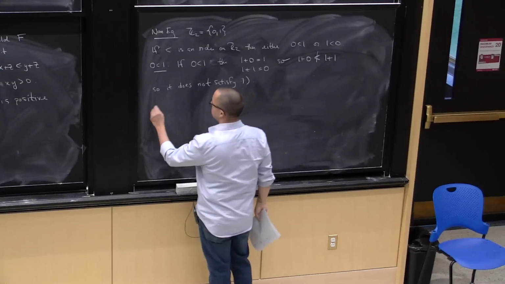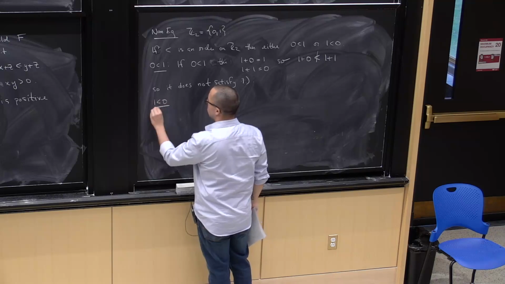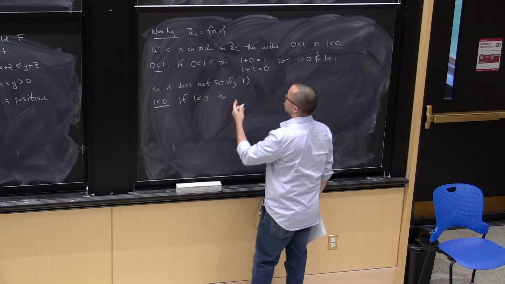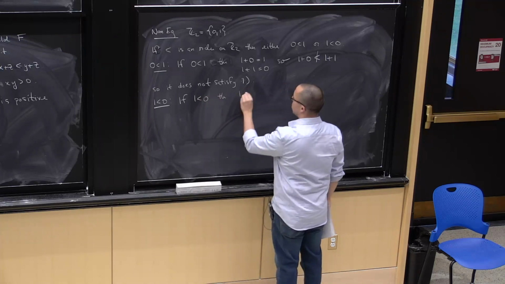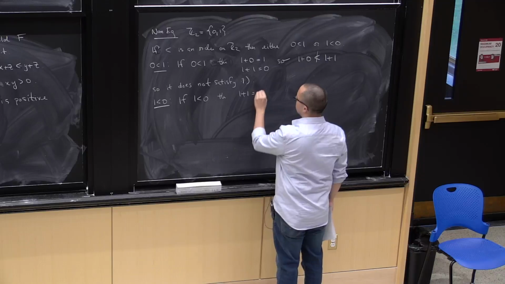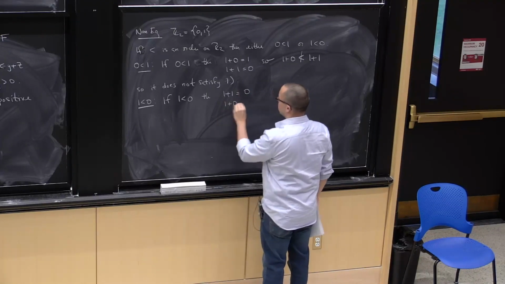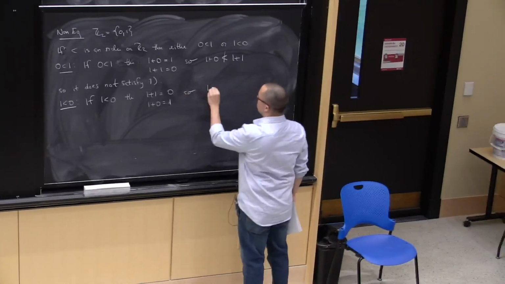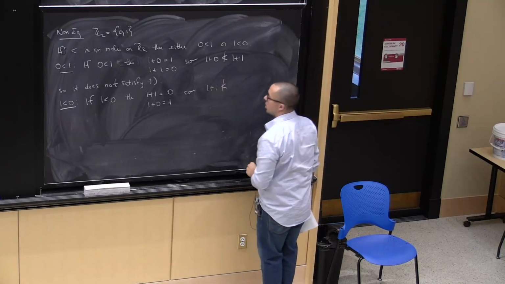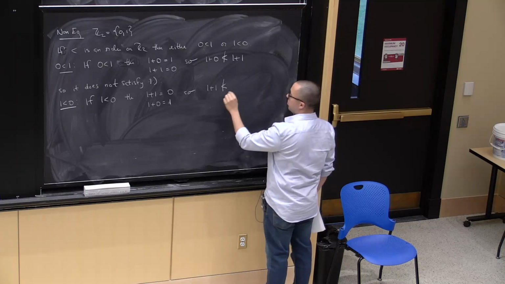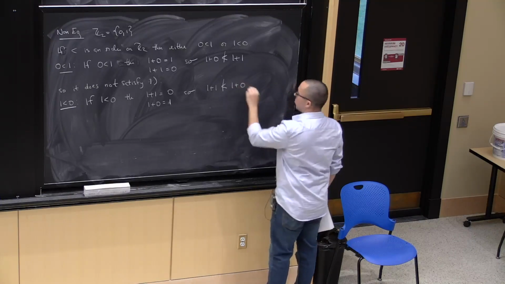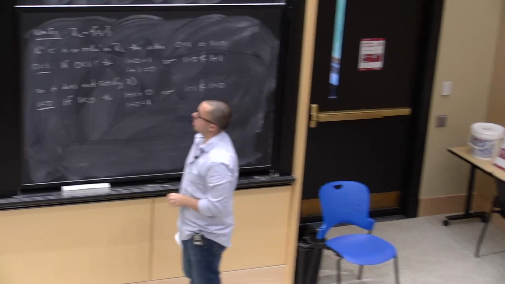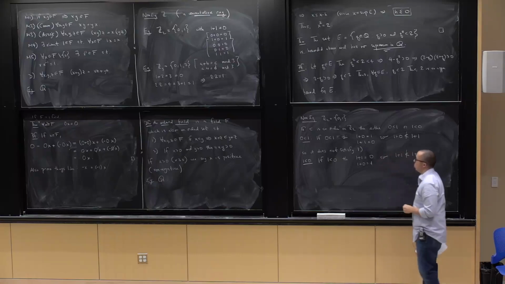And neither does it hold for choosing 1 is less than 0. By the same logic, 1 plus 1 is not less than the other side. Okay. So this field cannot be turned into an ordered field.